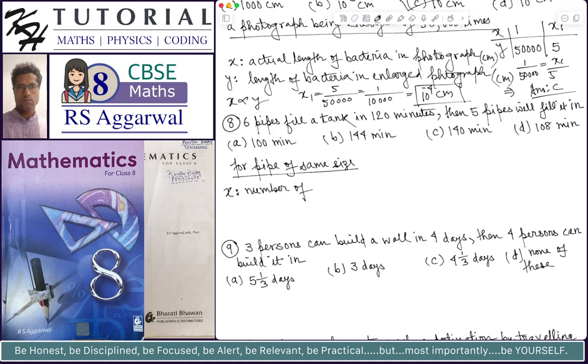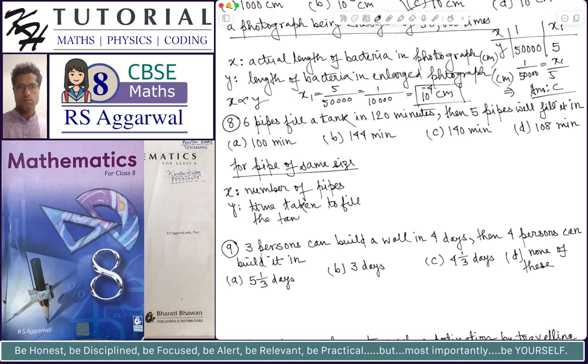That is, a constant amount of water is being filled. So x is the number of pipes, and let's say y be the time taken to fill the tank by the pipes.